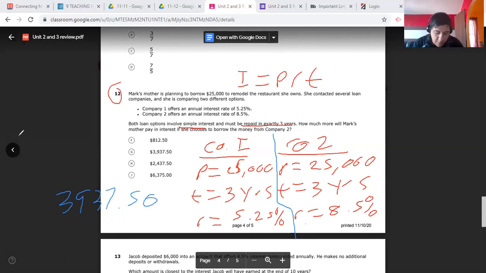And the second one, same thing, 25,000 times 3 times 8.5% in decimal form, which is 0.085. So that's 6,375. Now we need to find the difference between these two because we're looking for how much more we will have to pay. So the answer ends up being H. The difference between these two is 2,437 with 50 cents.